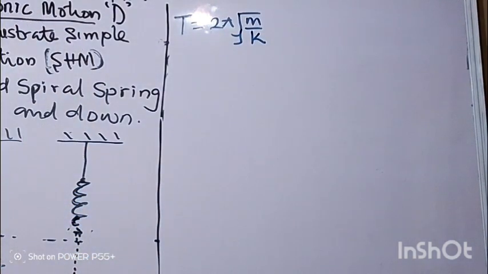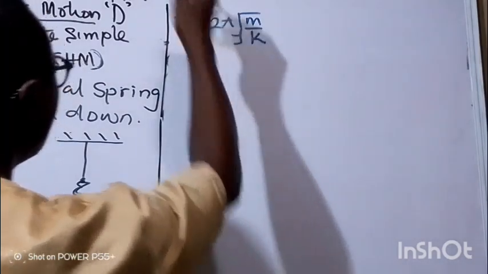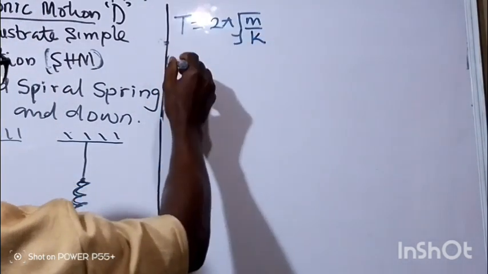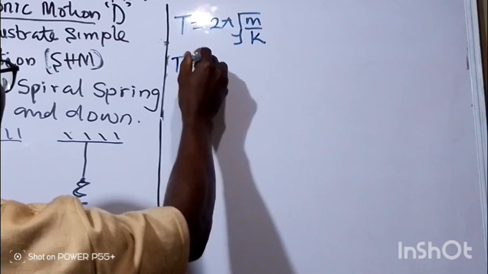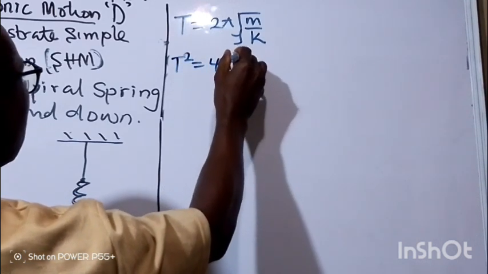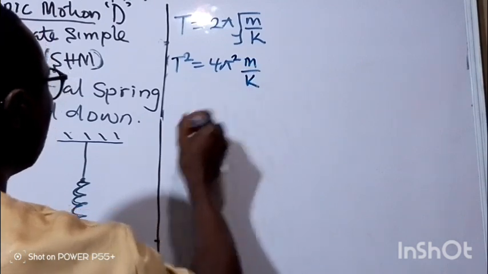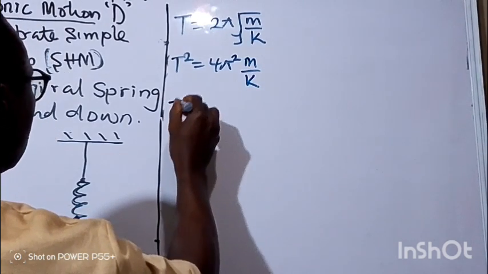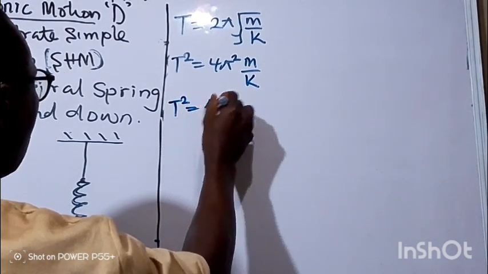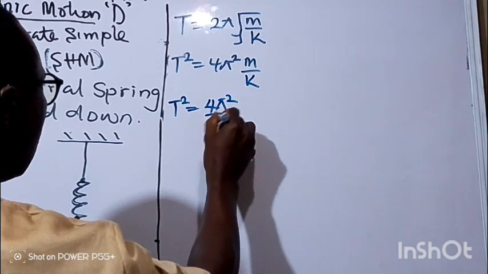Now, from what we have written on the board, if we square both sides, we are going to have T squared is equal to 4 pi square m over k. So this one will now give us T squared is equal to 4 pi square over k into m.